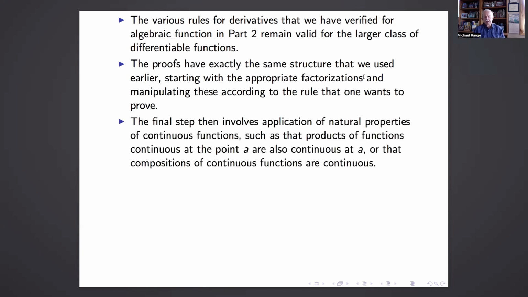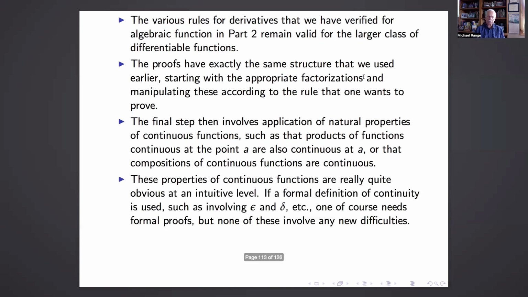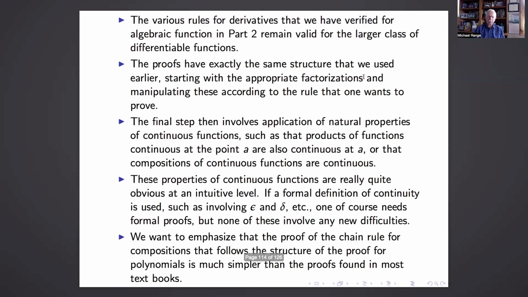And the final step then involves applications of natural properties of continuous functions, such as that products of functions continuous at the point a are also continuous at a, or that compositions of continuous functions are continuous. These properties of continuous functions are really quite obvious at an intuitive level. If a formal definition of continuity is used, such as involving epsilon and delta and so on, one of course needs to fill in formal proofs, but none of these involve any new difficulties.